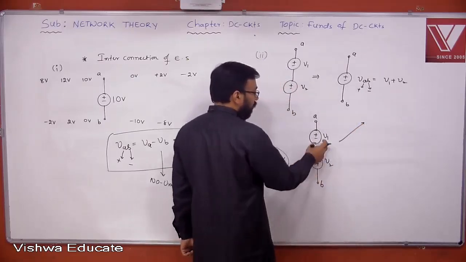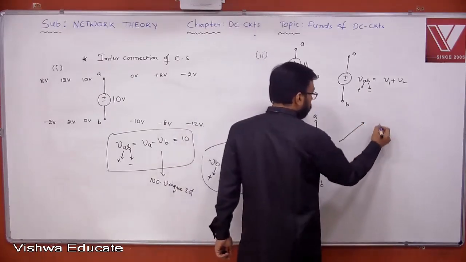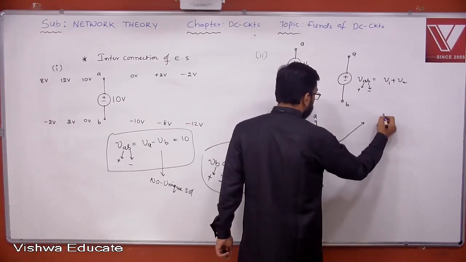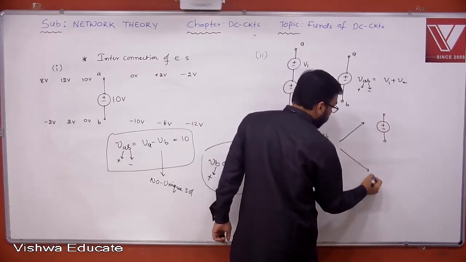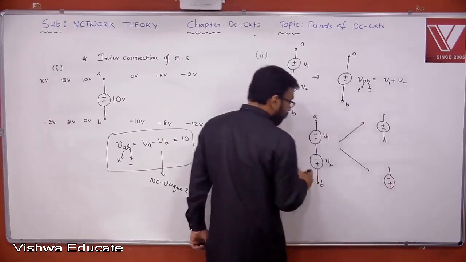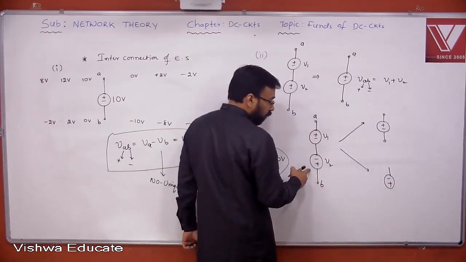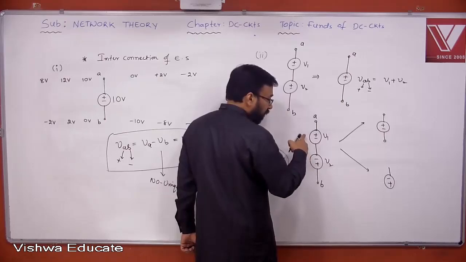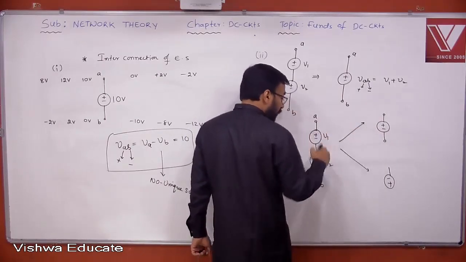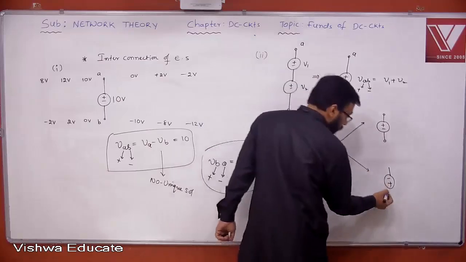Now, if I assume V1 is greater, then the resulting polarities will be the same as V1 polarities. If I assume V2 is greater, then the resulting polarities will be the same as V2 polarities. If I assume V1 greater, I get plus minus, same polarities. If I assume V2 greater than V1, I get minus plus polarities.